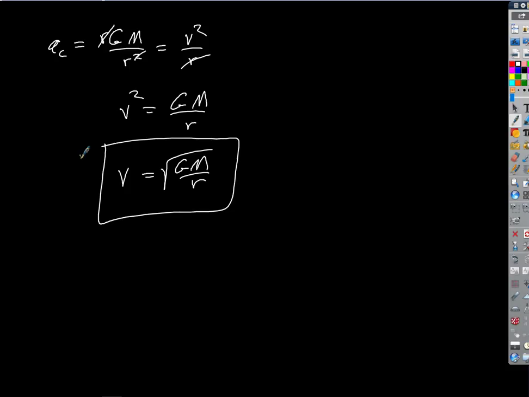Okay, how about, what if we wanted to know the period? If we wanted to know the period, what could we do? Yeah, we could just make that 2 pi r over t, right?